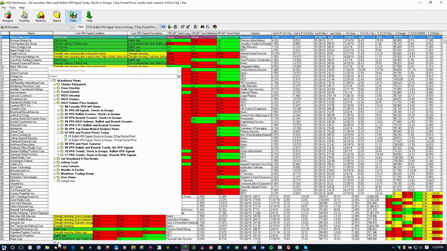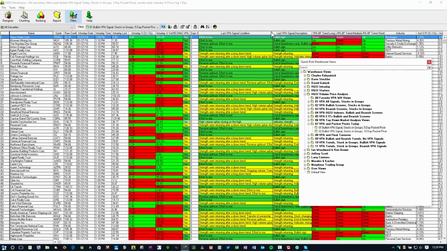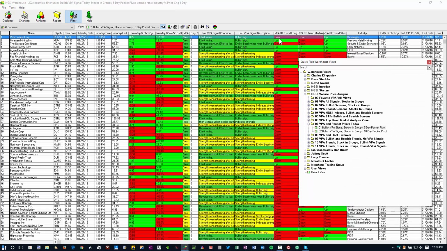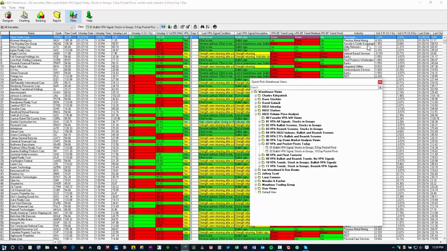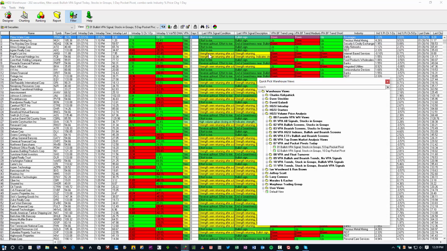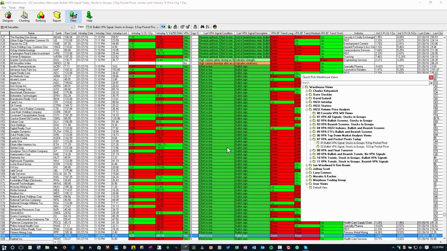But this is primarily what I'm using right here, and these can be tightened up, of course, to get more information on the screen, and you can alter these by moving other columns closer, such as the force index columns. Anyway, I can see the stocks that had a signal. I can sort on these signals.